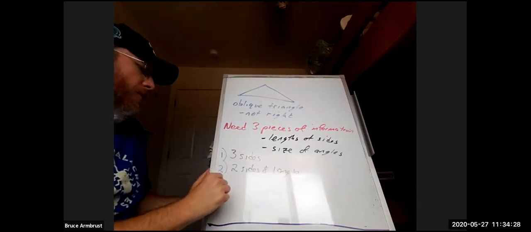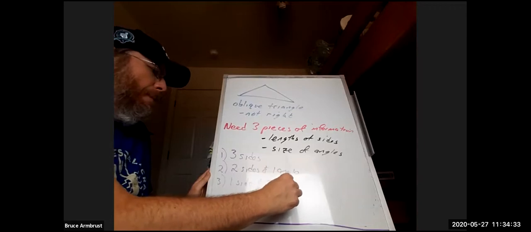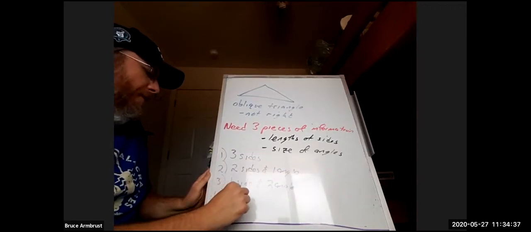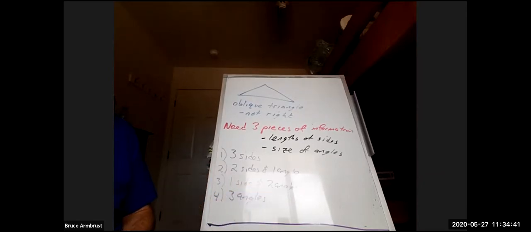You could give me 1 side and 2 angles. Or you could give me 3 angles. No sides, all angles. So that's 4 different combinations of 3 pieces of information. And yes, Amber, you're going to definitely see some stuff you saw in geometry.